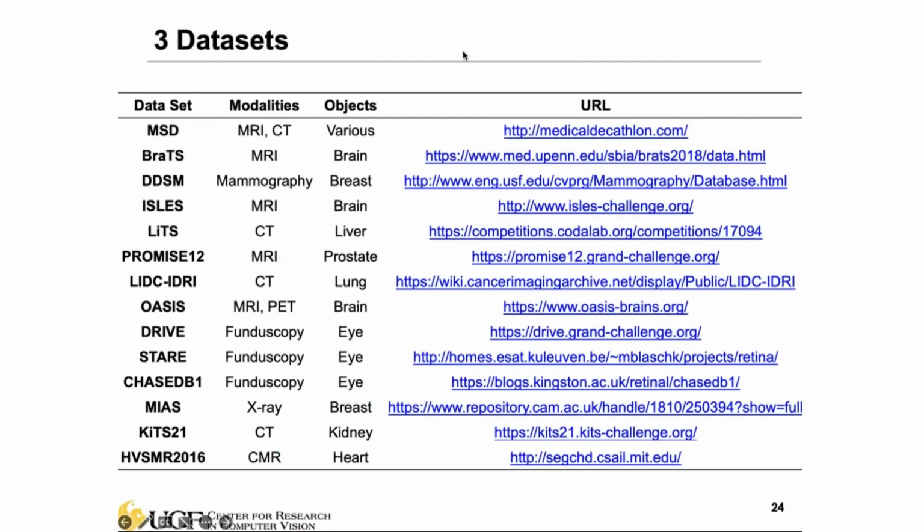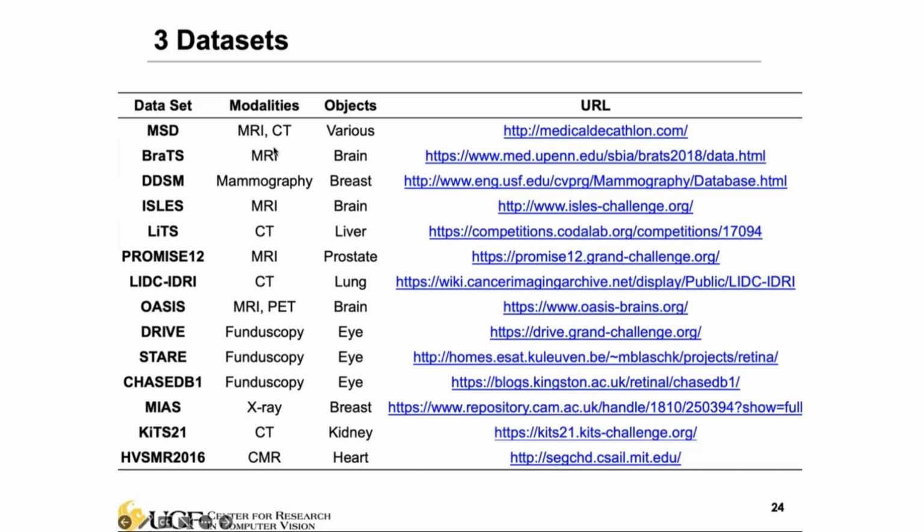So for datasets, there are actually a lot of medical datasets. In this medical domain, we are dealing with different modalities and different applications. So depending on the applications and the data modalities, here I list a couple of commonly used datasets for different tasks or applications. The most noted is BRATS, which is the MRI database for brain tumor segmentation.